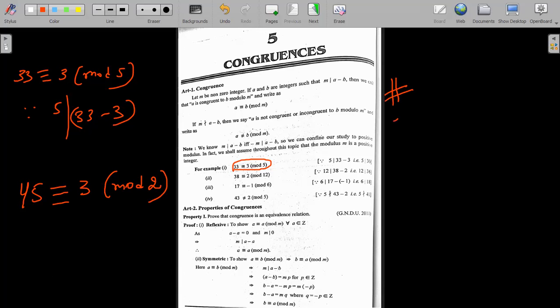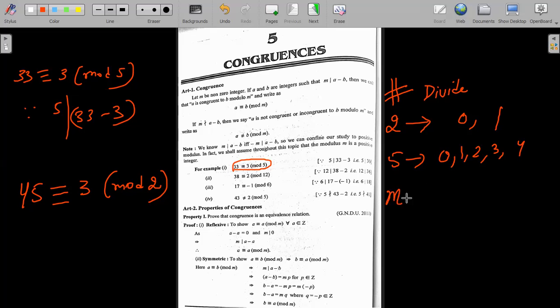If you divide any number with 2, what are the remainders? 1 and 0, right? So only remainders are 0 and 1. Similarly, if you divide any number with 5, what are the remainders? 0, 1, 2, 3, 4.